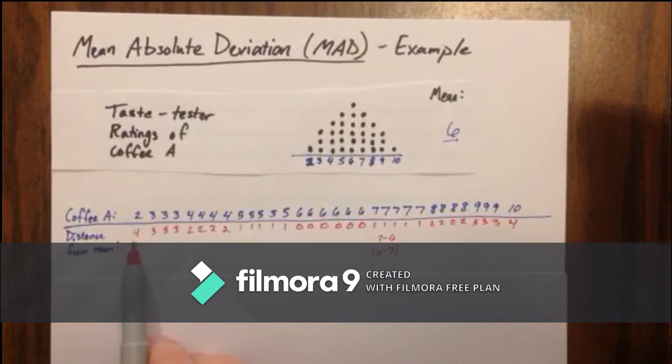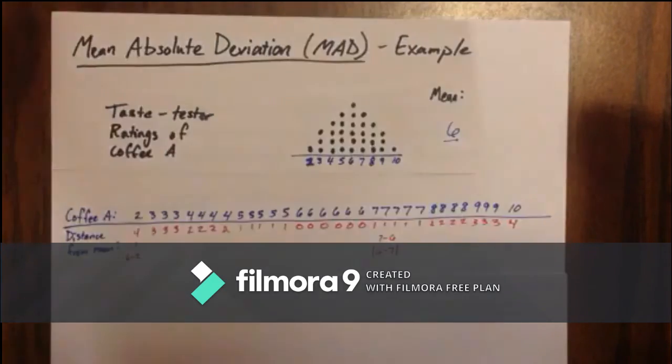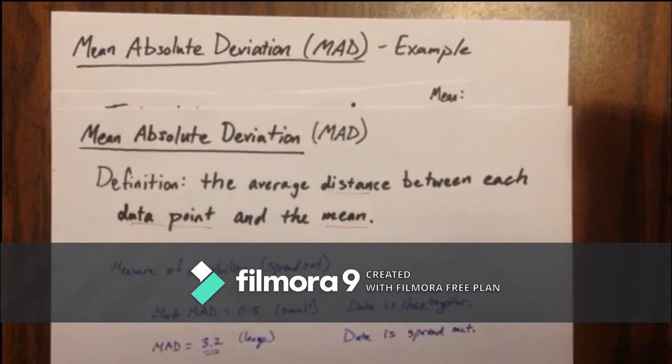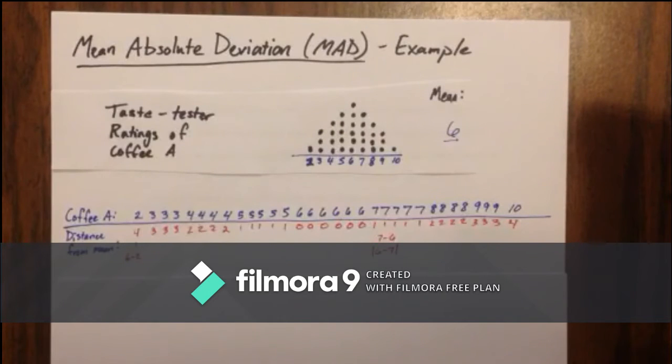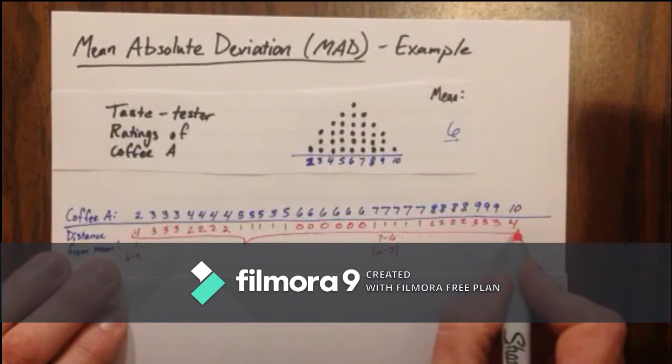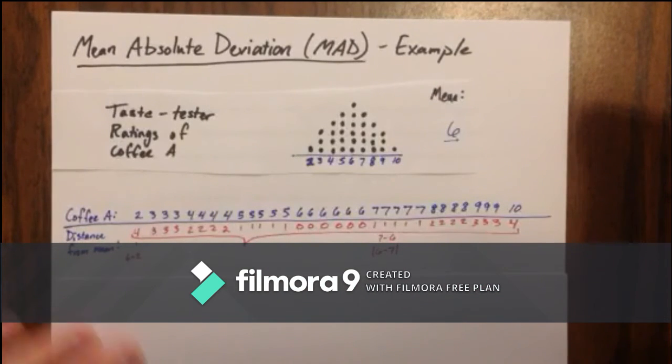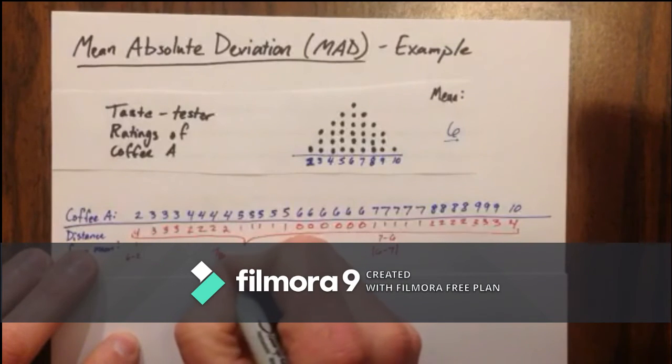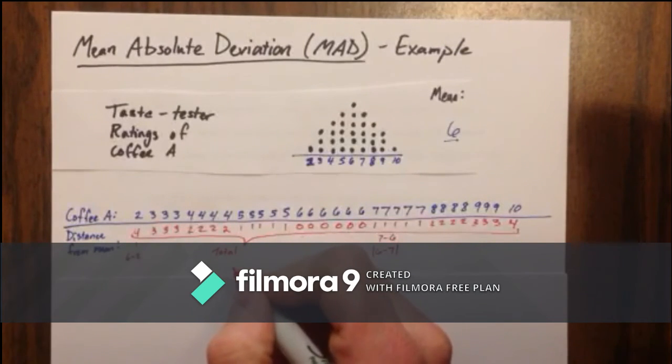Now, we now have the distance that each point is from the mean, but remember, we need to find the average distance each point is from the mean. So what are you going to do next? If you said, well, just find the average of all of these numbers, you would be correct. So all of these distances, if we total them up, we end up getting 52.